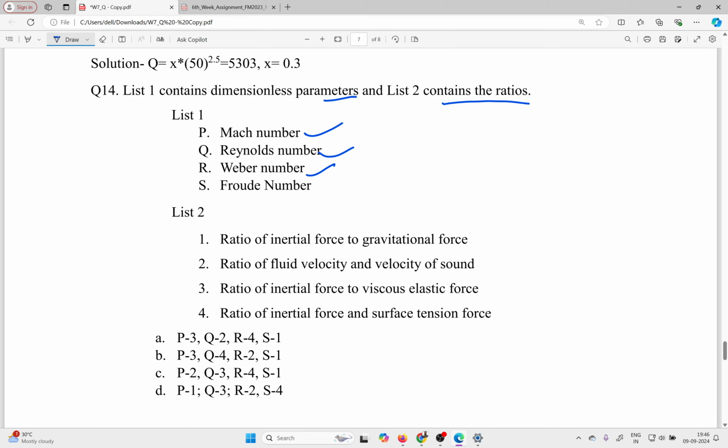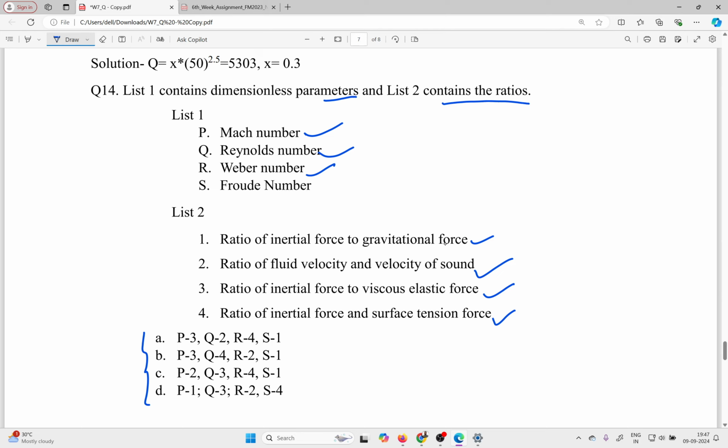List 2, the ratios are: ratio of inertial force to the gravitational force, ratio of fluid velocity and the velocity of sound, ratio of inertial force to the viscous force, ratio of inertial force and the surface tension force. So 4 options are given, A, B, C, D.